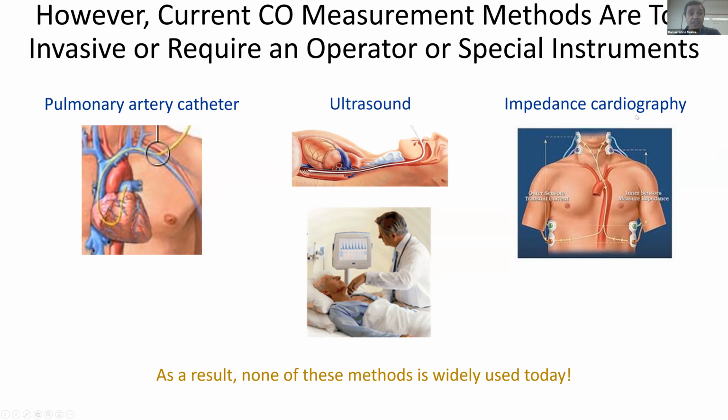Impedance cardiography is non-invasive and automatic, but it requires a special set of 8 current injecting electrodes that are not part of the standard of care. Furthermore, this method may not be reliable in many high-risk patients, probably due to lung fluids. As a result, ultrasound and impedance cardiography are being used even less than the pulmonary artery catheter.